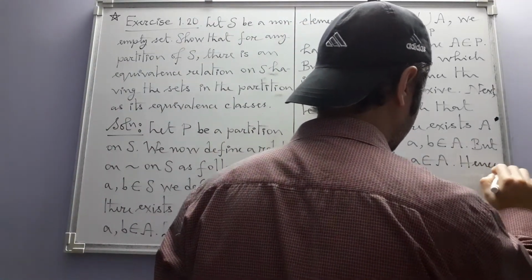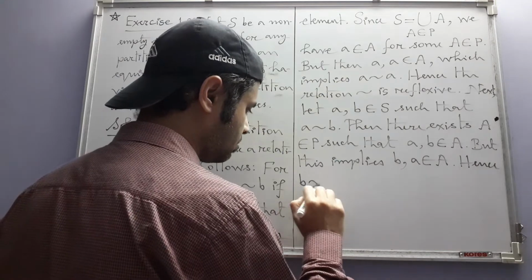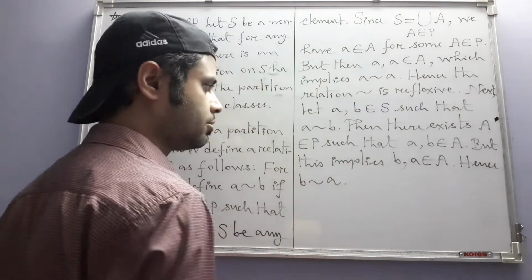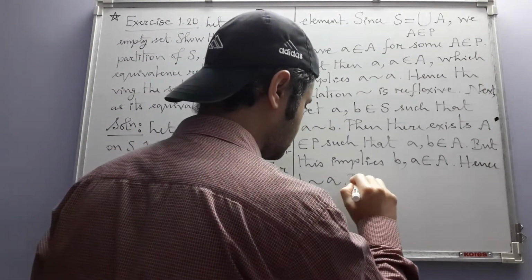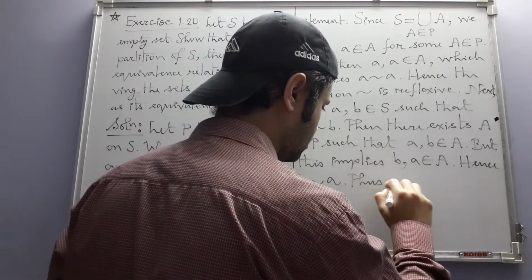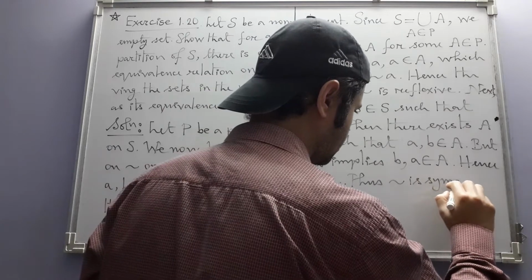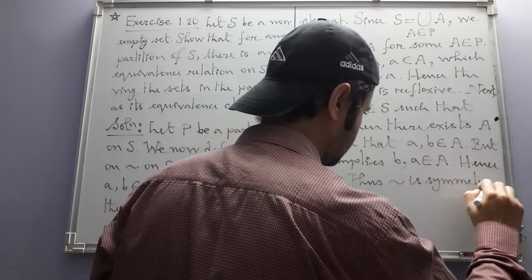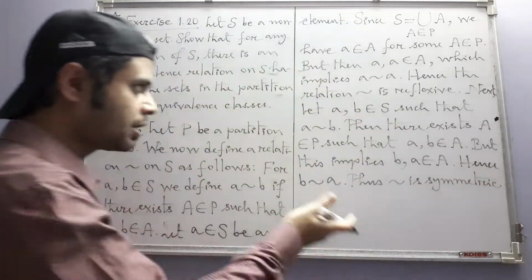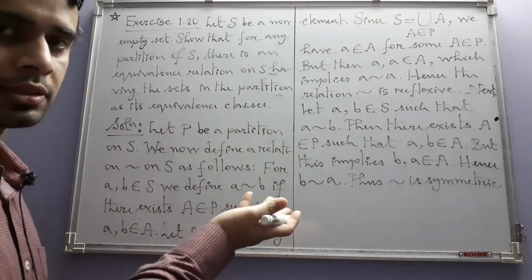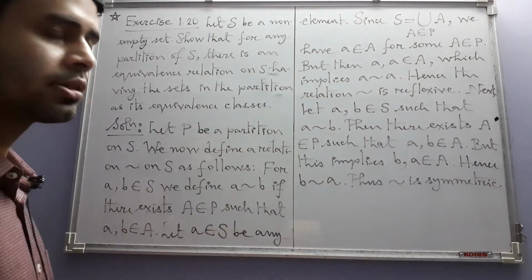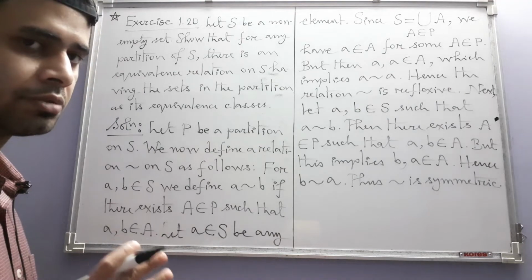Hence, b is also related to a. Thus, tilde is symmetric. Reflexivity and symmetry have been, as you can see, almost trivial. Transitivity, however, is not like that.